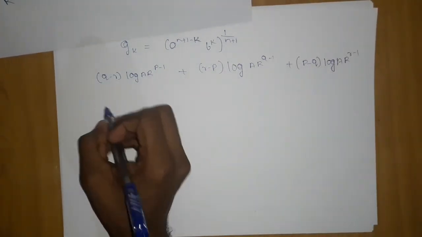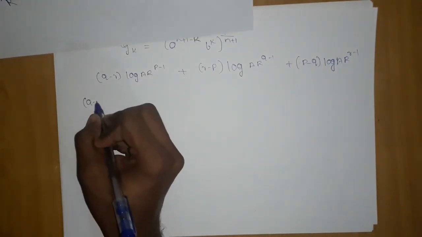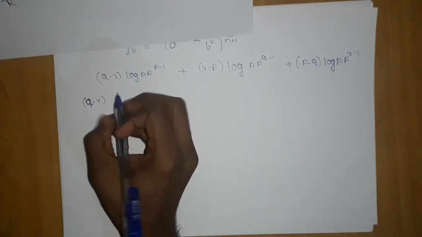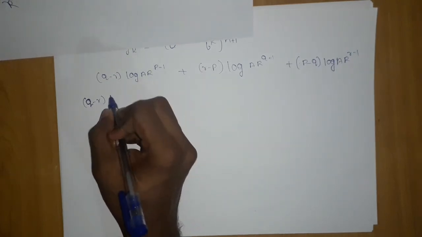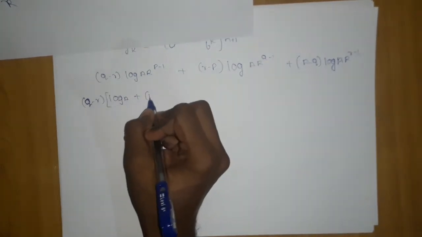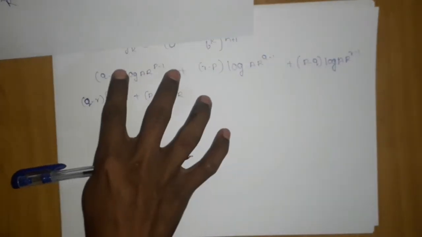So what we can do is expand the log. What I have is q minus r here. I will do one and the next you can understand. It is nothing but log a plus p minus 1 into log r. How I did it: I broke it into multiples, then I took it here, p minus 1.